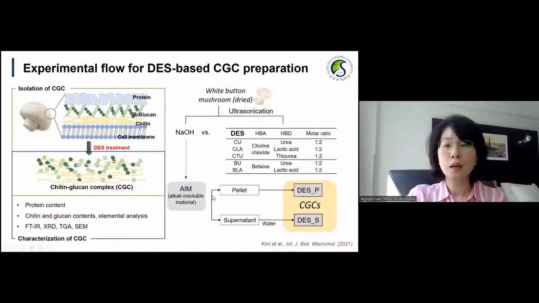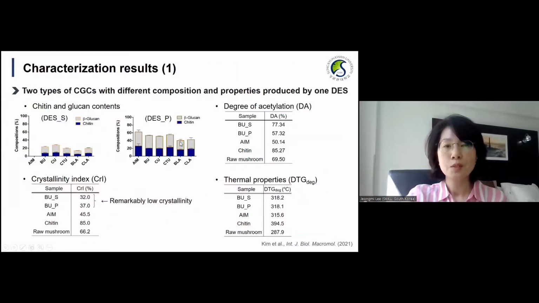And all these three types of CGCs were further characterized, including protein content determination, chitin and glucan content, elemental analysis, FTIR, X-ray diffraction, thermogravimetric analysis, scanning electron microscopy, etc. So these are some examples of characterization results.